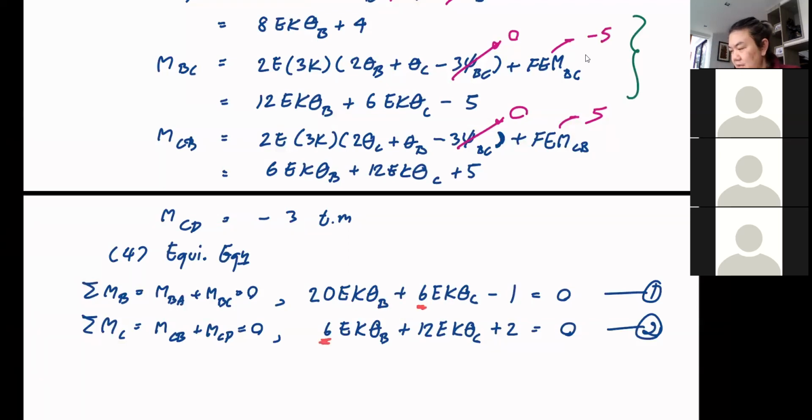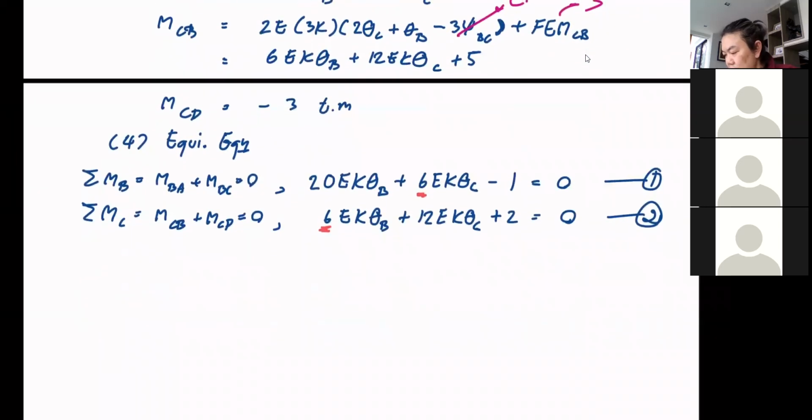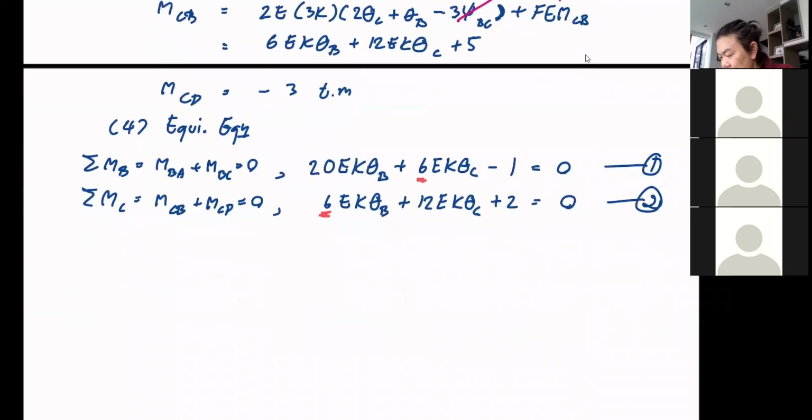When you put this in matrix form, you will have something like this: 26, 6, 12, times EK theta B, EK theta C. I can move this 2 to the opposite side. It's going to be equal to 1 and minus 2.